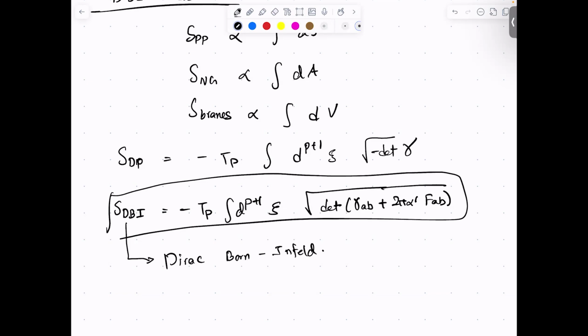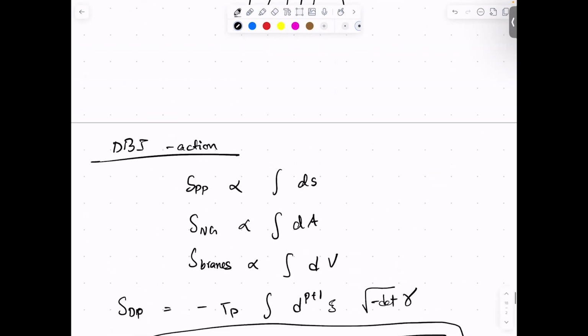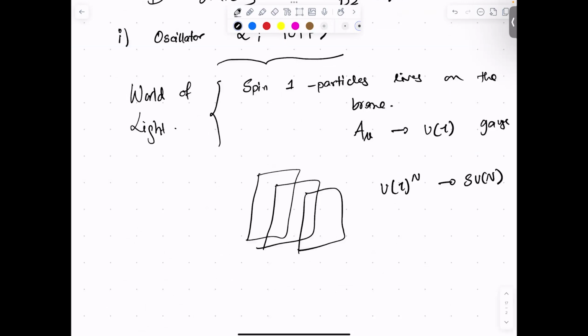If you want a symmetry, SU(N), you can have N gauge symmetries. You can actually show this argument in Tong.